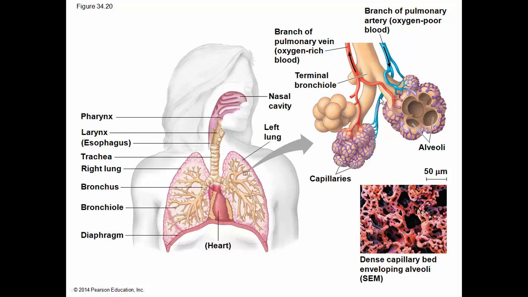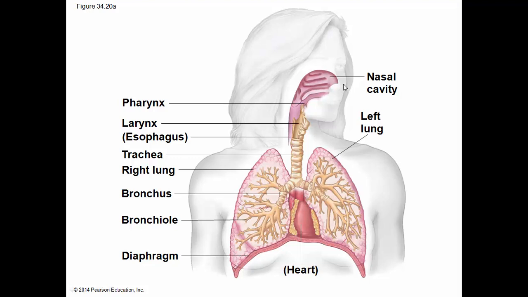And then here's the pulmonary artery, which is delivering the oxygen-poor blood into the lungs. So it's going into these tiny little structures, the alveoli, with the capillary, and then oxygenated and then back out.